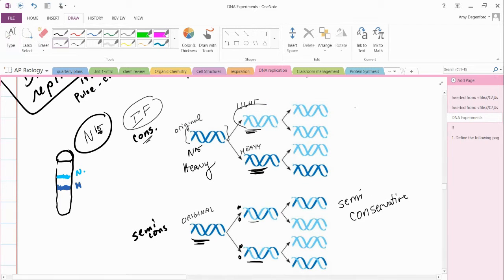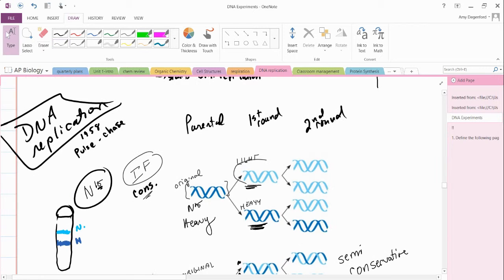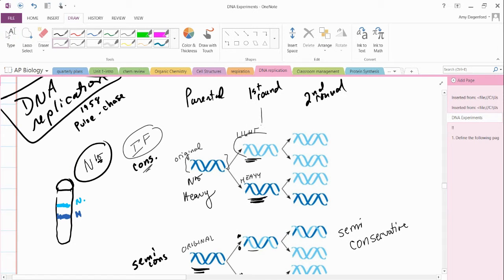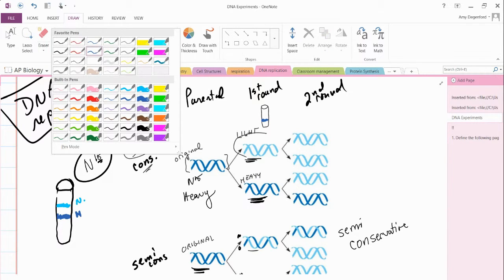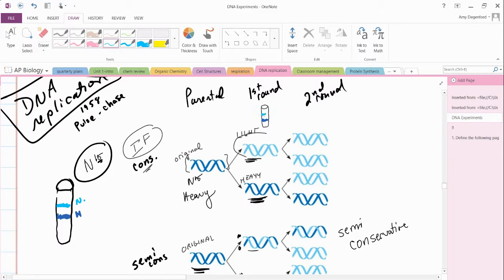In the original, what would happen in the first replication? In the first replication, we would indeed get one heavy and then one light band, as this pulls down heavier and then this pulls down slightly above.